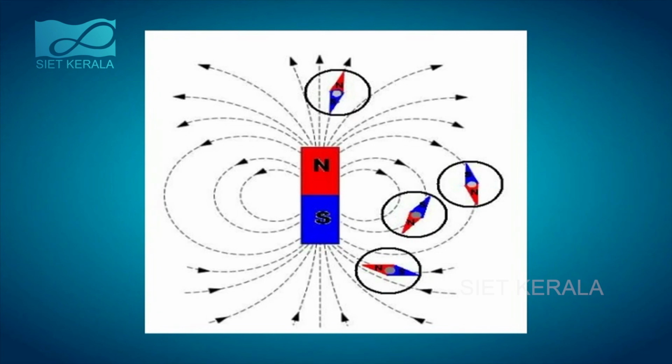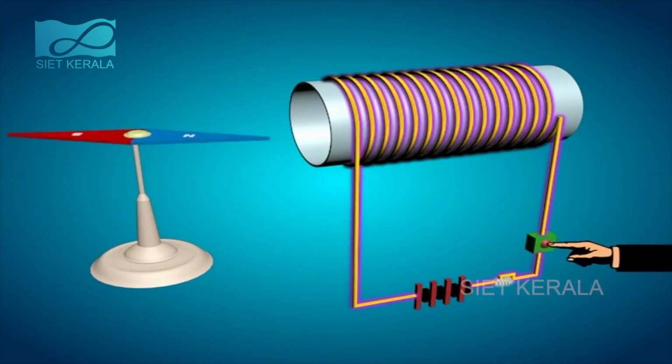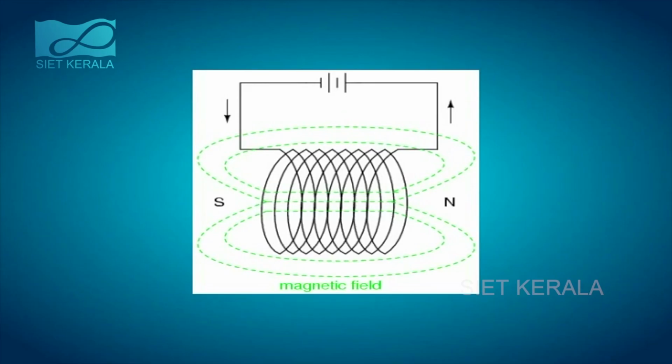Faraday showed that a magnet could induce an electric current in a wire. Thus, he was able to convert mechanical energy into electrical energy and discover the first dynamo. Electromagnetism manifests as both electric fields and magnetic fields. Originally, electricity and magnetism were thought of as two separate forces.